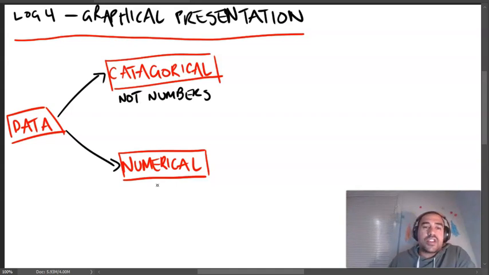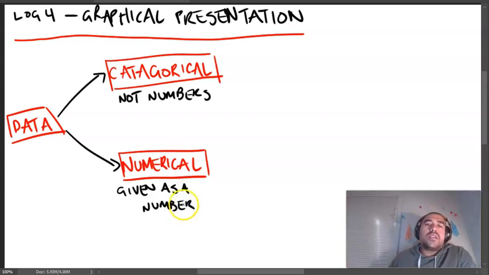What is your hair length? Any type of solution that is given as a number is considered numerical. Now, it's really simple between categorical and numerical. I provide a solution or an answer of some sort, and you can either have it as a category or a number.